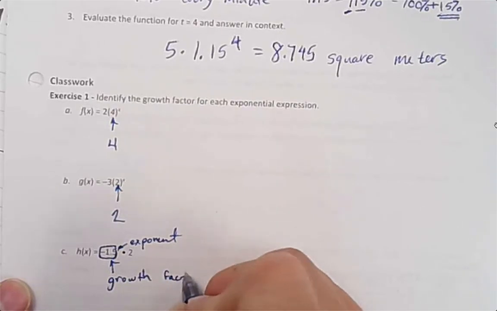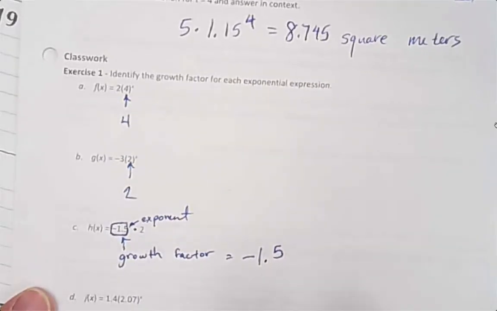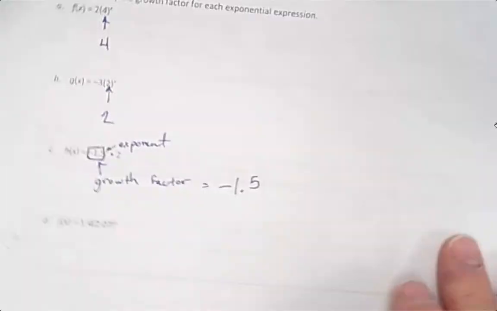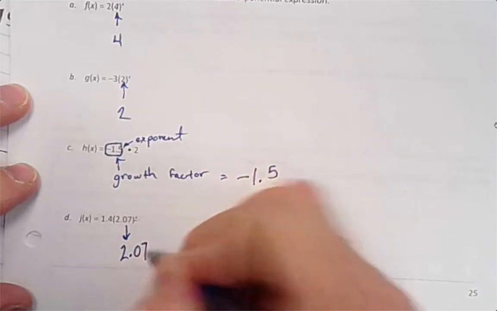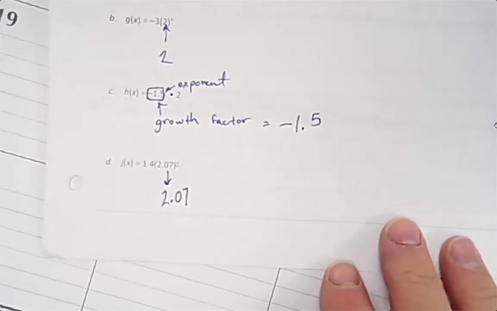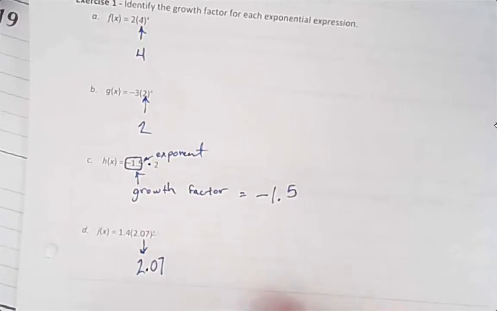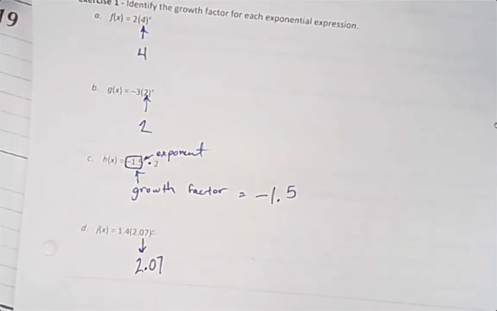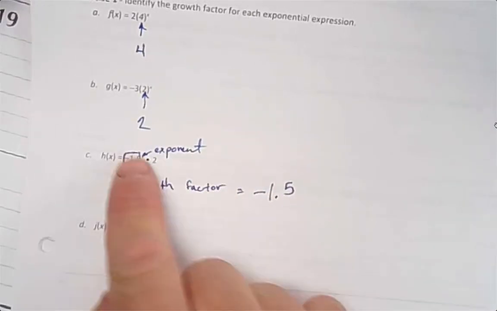It's going to multiply by 4, or double every time. In this case, the growth factor is negative 1.5, and for the last one, 2.07. Growth factors are the numbers that have an exponent variable: 4, 2, negative 1.5, and 2.07.